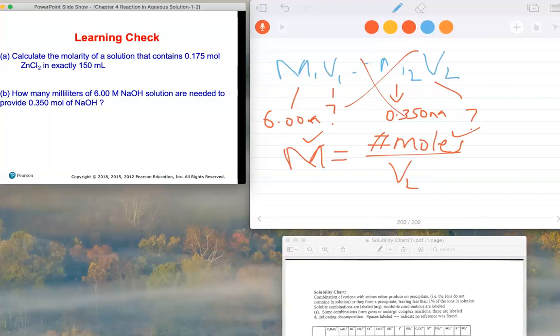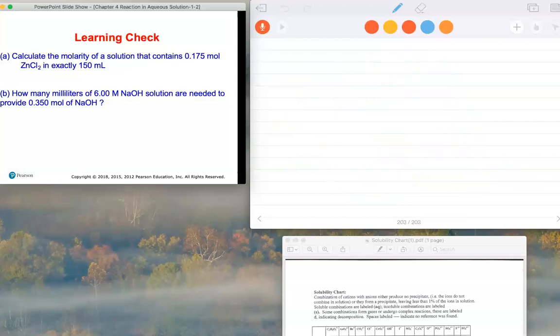So volume in liters is given by number of moles over molarity. I rearrange the equation. You know how you take that and then you bring that. That's how I end up with that. So number of moles is 0.350 over 6. And remember the units will be in liters.